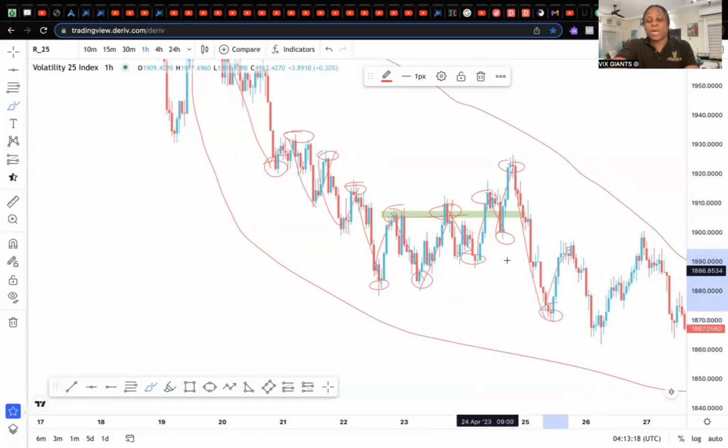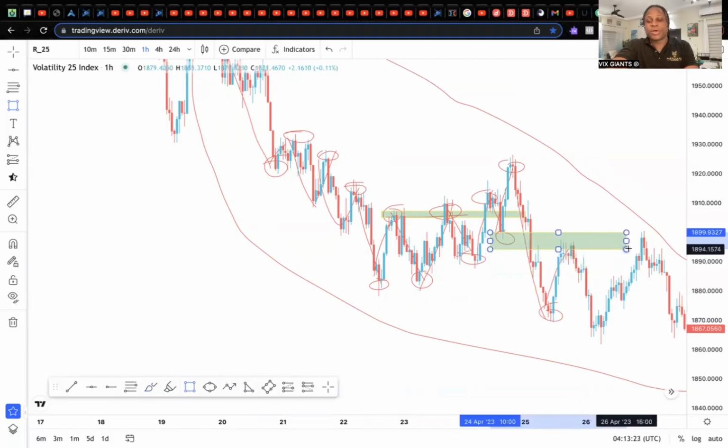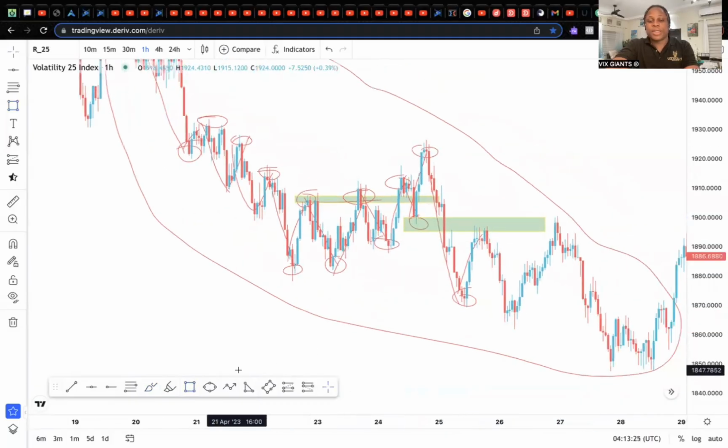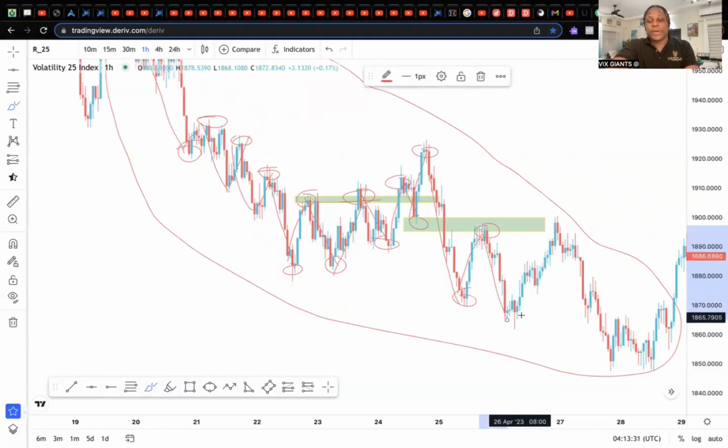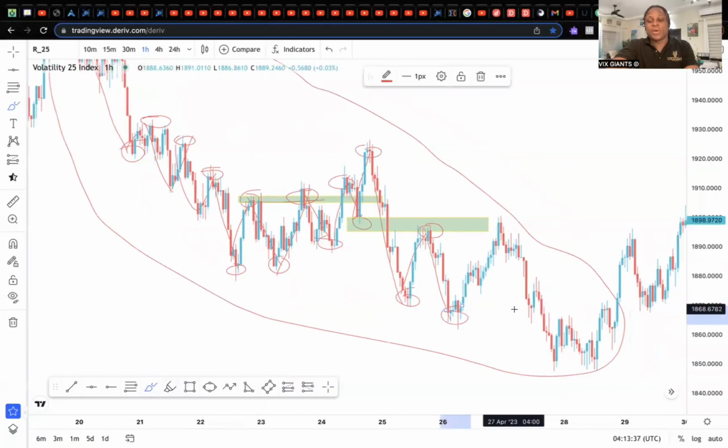The market pulled back, came back for the retest to this previous point, now creating a lower high, right? Pushing down, creating a lower low, because we're no lower than this previous low. Then what happened next?